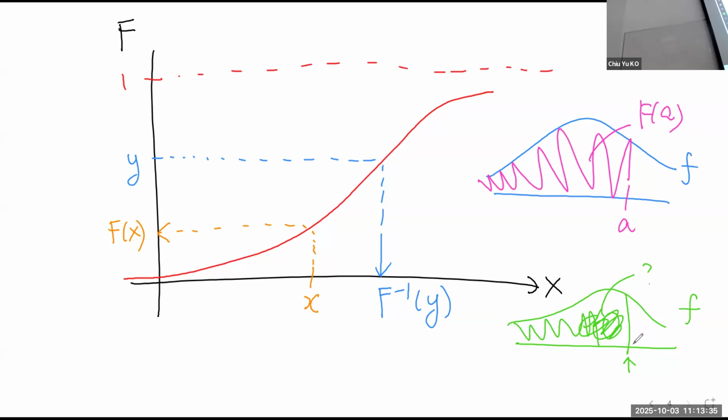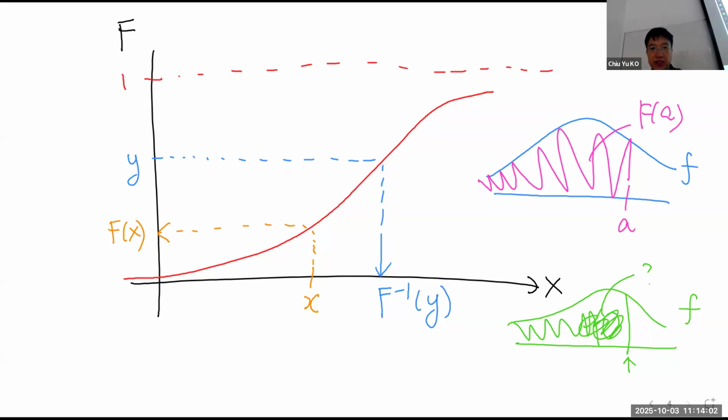I give the area on the left, and you tell me what the number is here. Is that clear? Of course, they're the same thing. This is the idea.